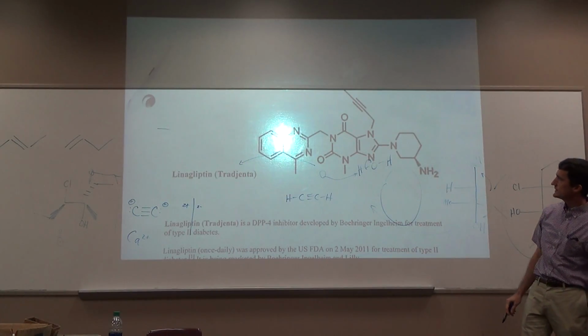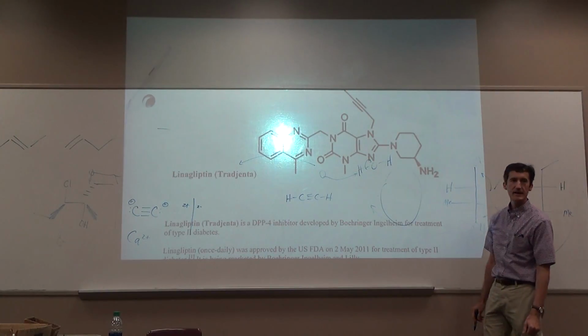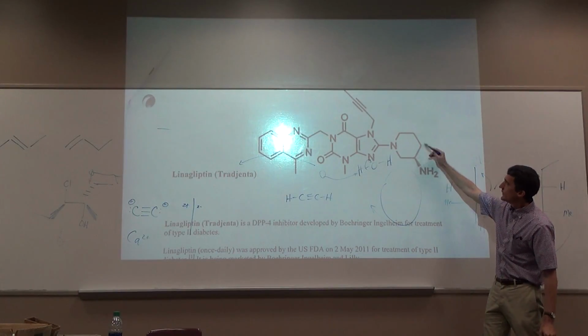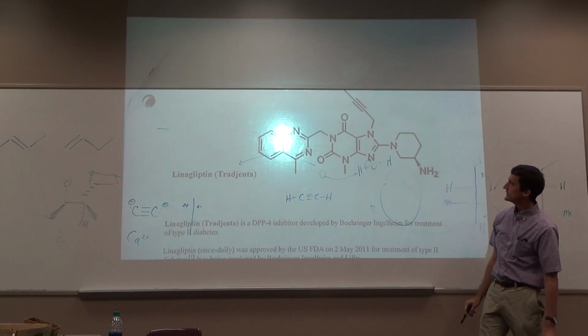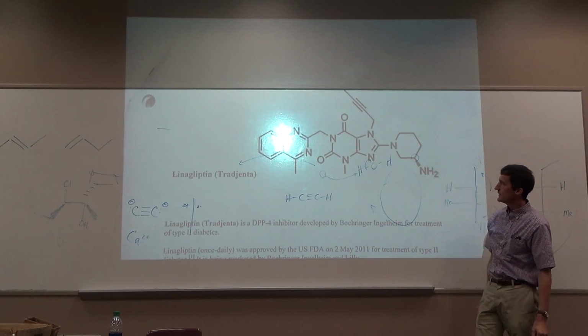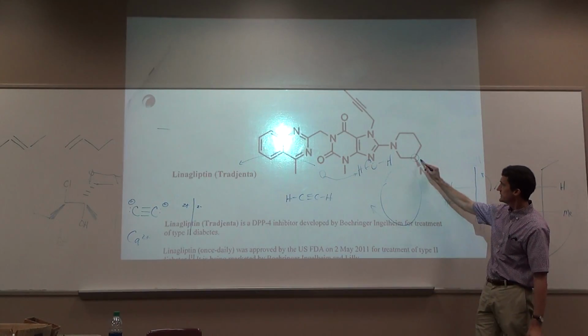This big old drug, it's not that big, but it's bigger than like aspirin. One chiral carbon right here. The rest is not chiral or stereogenic. But because of this right here, we have 2 possible enantiomers. This drug is given as only this enantiomer.